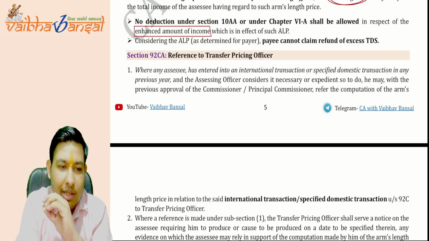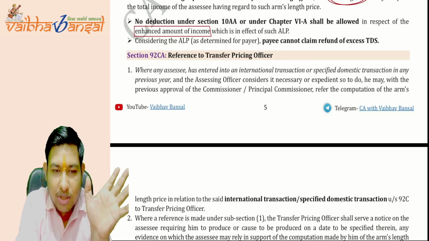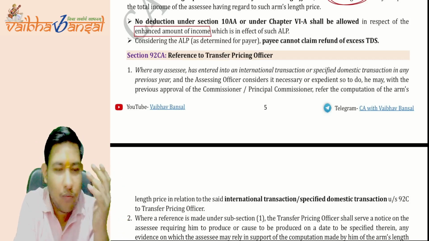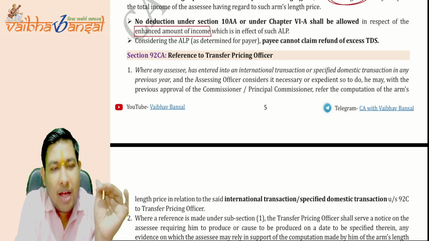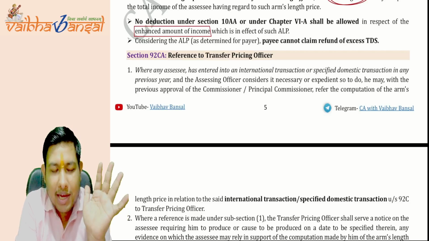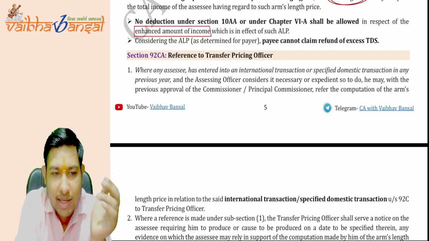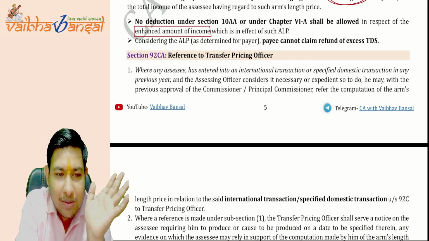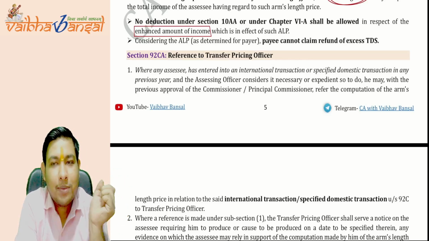Suppose by applying the assessment provisions, sections 142, 143, 147, 148, 144, whatever the case is, the AO has selected your case. And after selecting your case, it has come to the notice of the assessing officer that there is a transfer pricing case as well, but he is not comfortable with that.